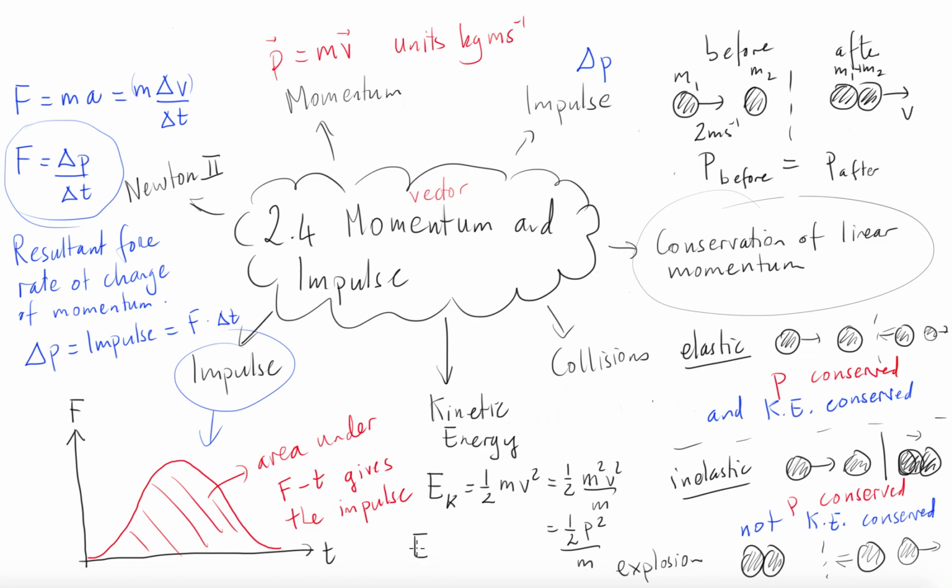Because p, momentum, is the same as mass times velocity, m squared v squared is the same as p squared. So we have an alternate expression for kinetic energy, which is momentum squared divided by twice the mass.